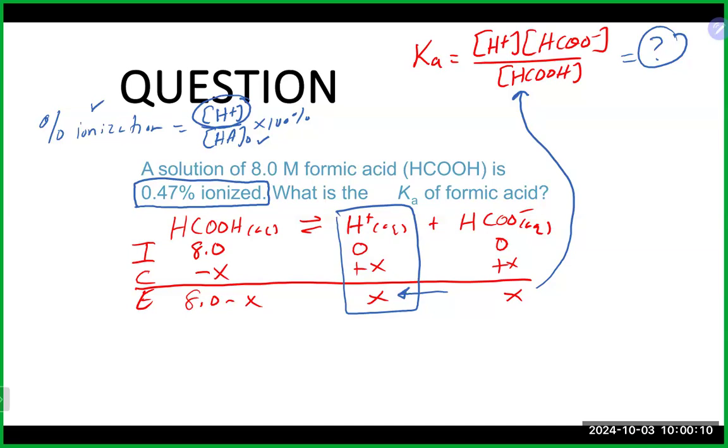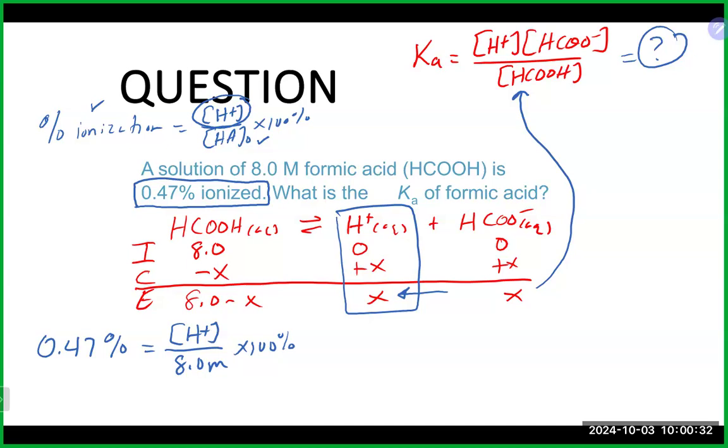So we can do that calculation. We have 0.47% ionized equals our H plus concentration divided by 8 molar times 100%. So we're going to multiply by 8 and divide by 100.